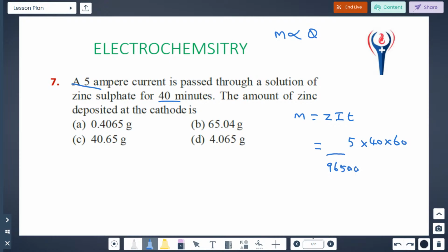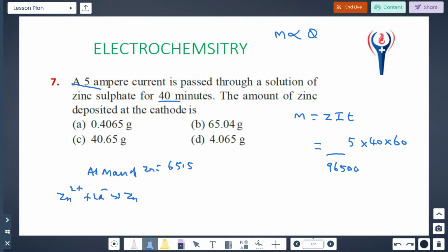So equivalent mass means we put the equivalent mass of zinc. But you must know the atomic mass, which is also not given. So here the atomic mass of zinc will be 65.5. In zinc sulfate, what is going to be deposited is zinc, in the form of Zn2+ ions plus 2 electrons, and then only zinc will be formed.